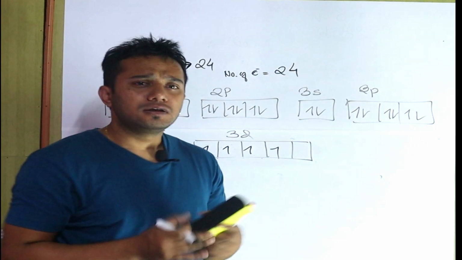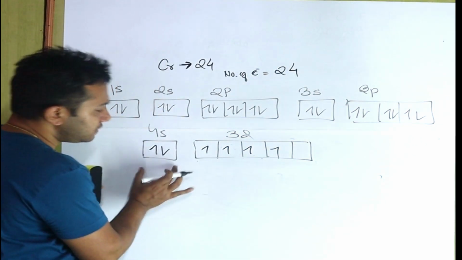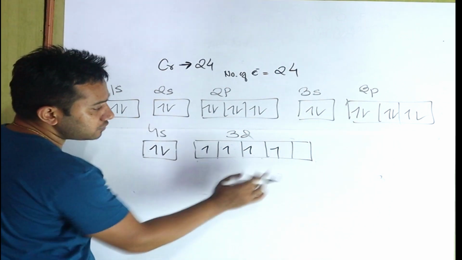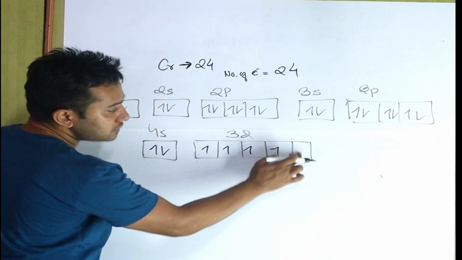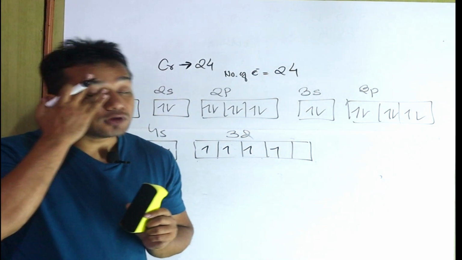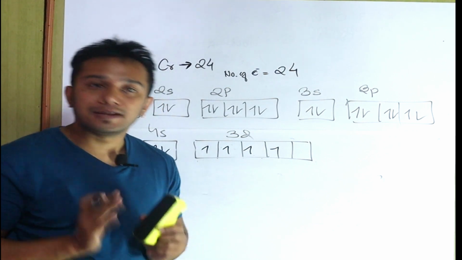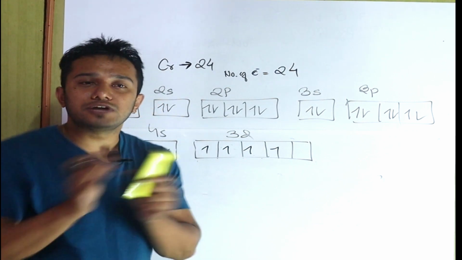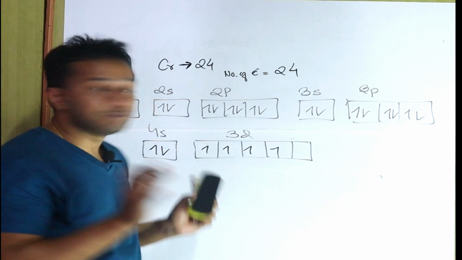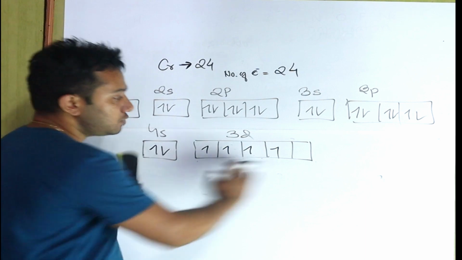It means that in chromium, if I fill the electrons like this, there are 4 electrons. So if I put one more electron out here, it will be half filled. And one thing we should know is that half filled and fully filled are highly stable, and we should always try to keep them in a stable state if possible, right? So now if I put 1 electron out here, this will be half filled, right?